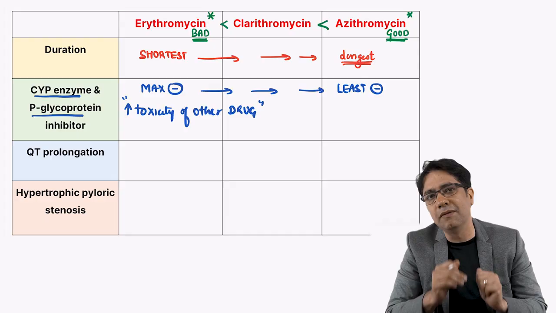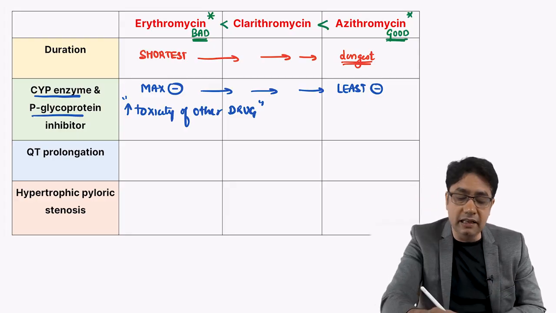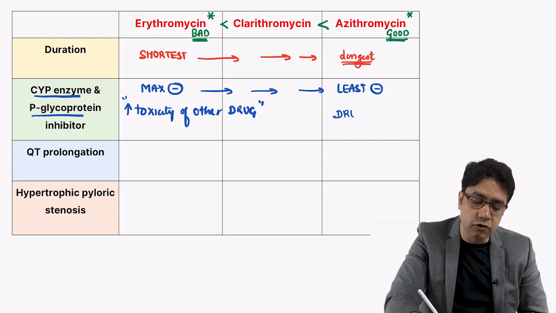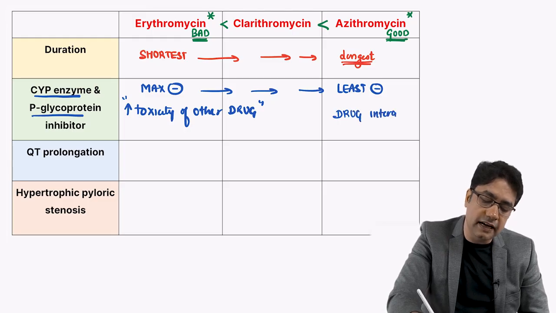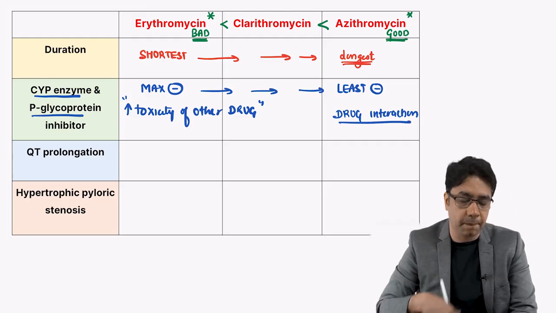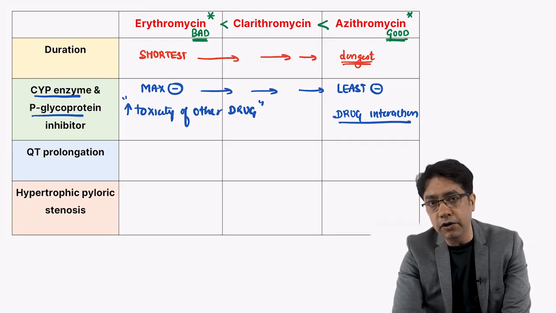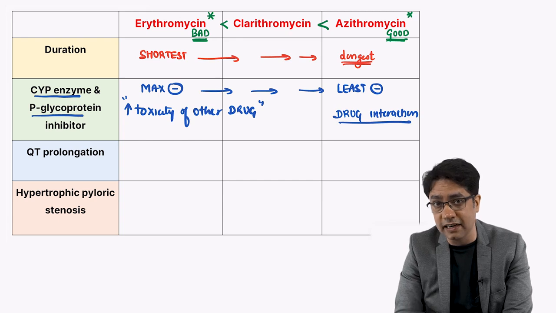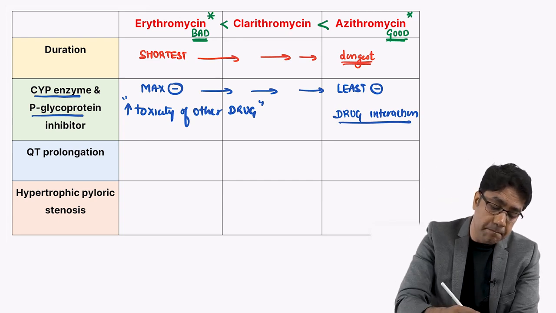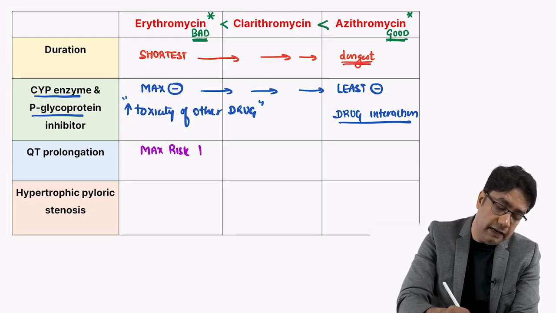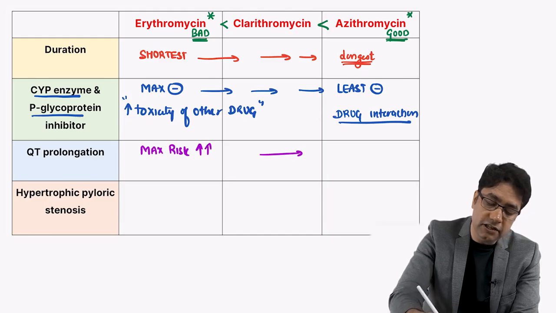It is erythromycin. Azithro will have the least drug interaction. So safe to be combined with other drugs is again the good drug, azithromycin. Now which drug causes QT prolongation on the heart as a side effect, which can be dangerous? Maximum risk of causing QT prolongation is by erythromycin and least risk is by azithromycin.